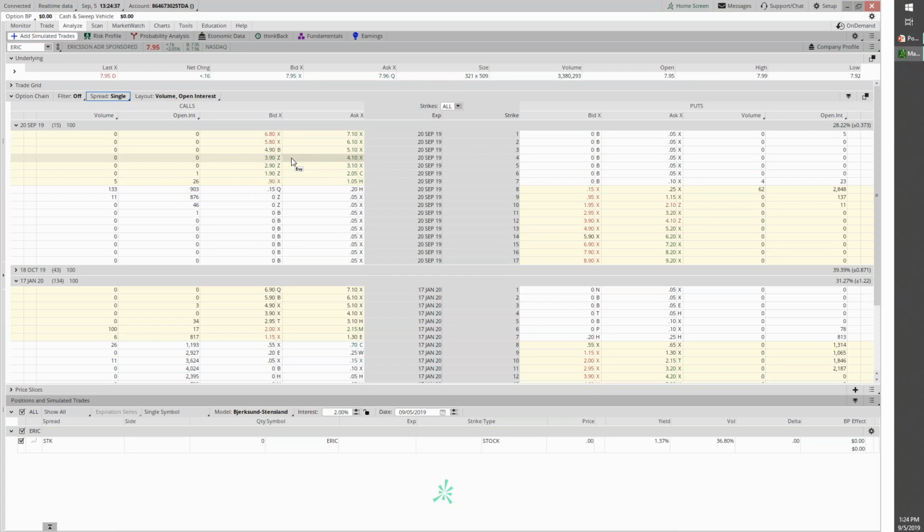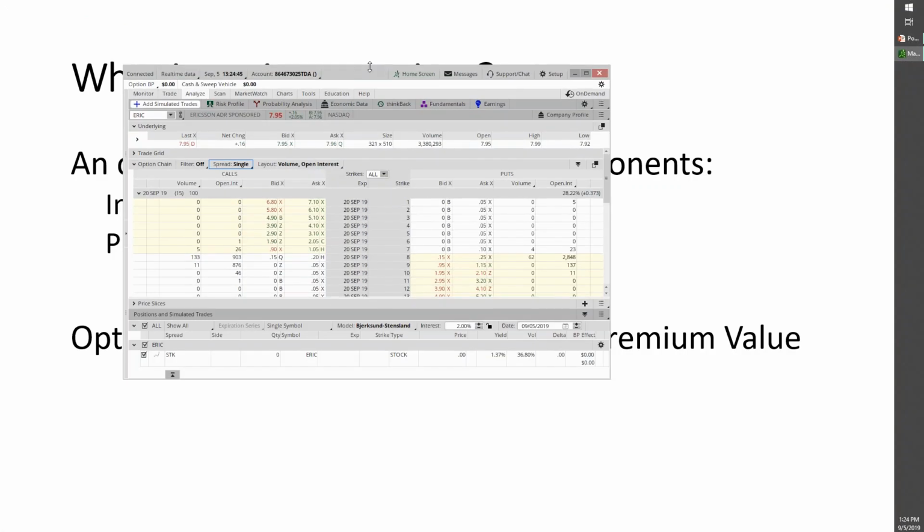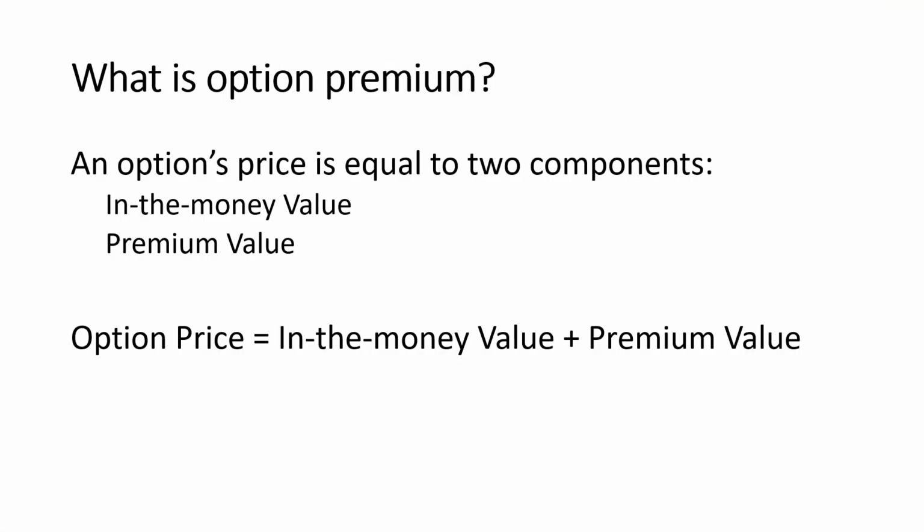This price, for instance, this September $4 call is going for $4 right now, right? Well, that $4 is made up of two components. We call it the in-the-money component, and we call it the premium value component. That option price is equal to the in-the-money component plus the premium value component.